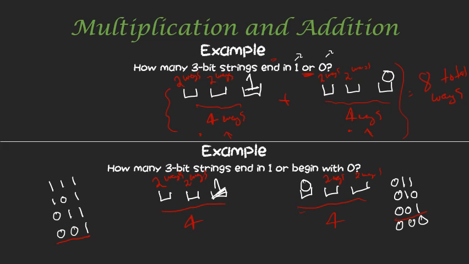And so how can I figure out the total number of ways? That's not the only overlap, is it? There's another one, 0, 1, 1. Did you catch that? I did it on purpose. So these 2 are shared among both of these. And so if I just added those together, that wouldn't work because we double counted. So how can I get rid of this double count?